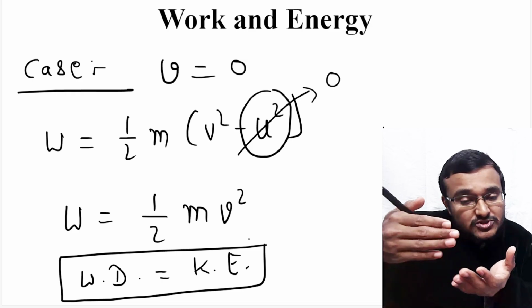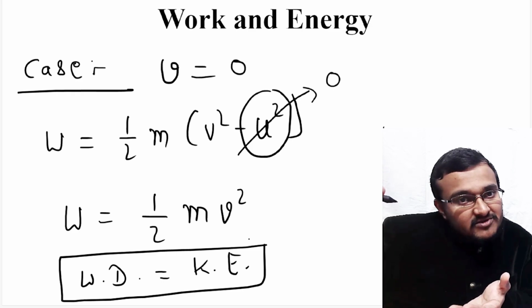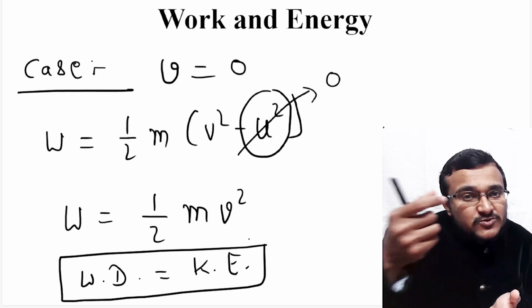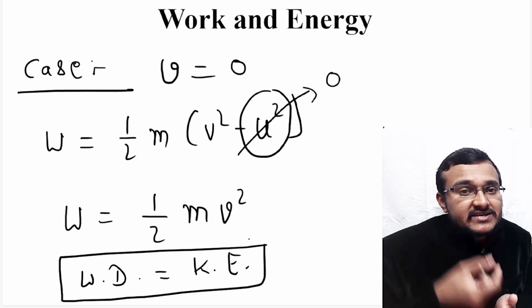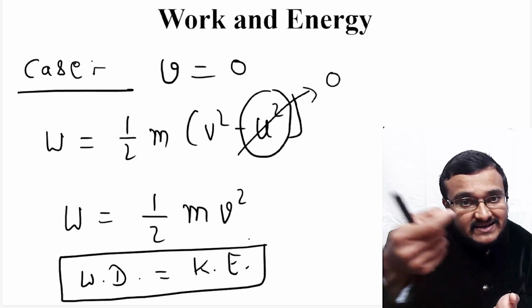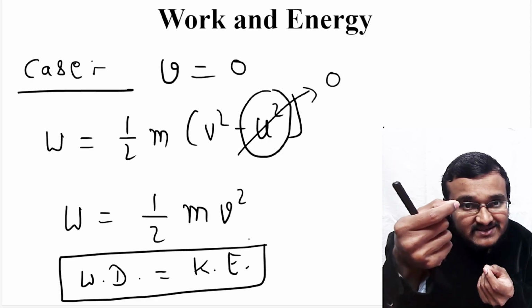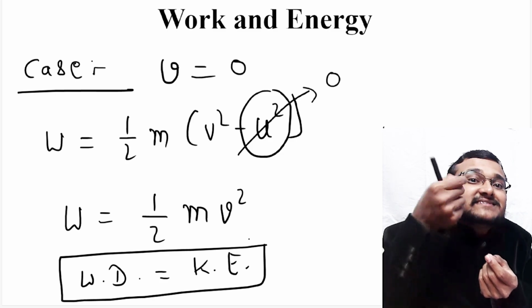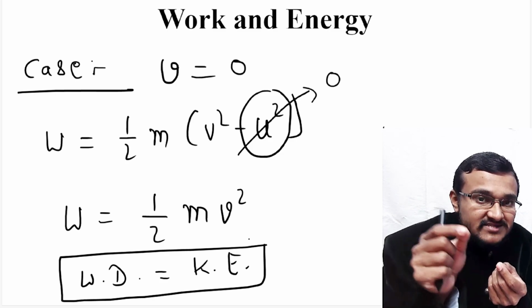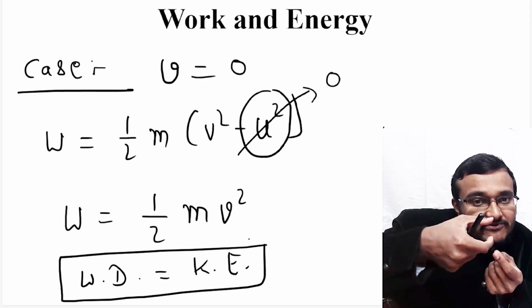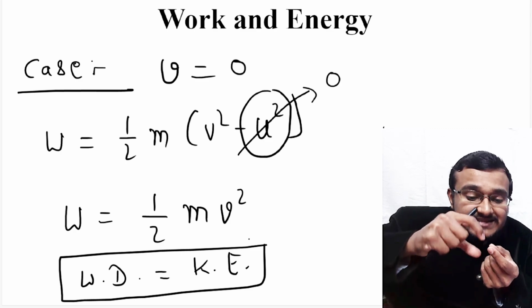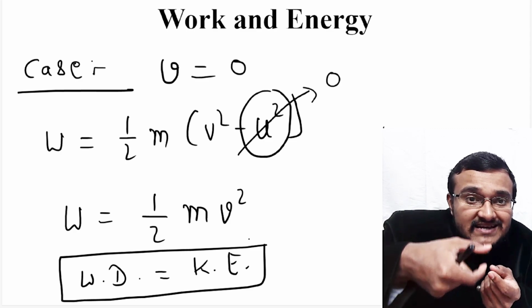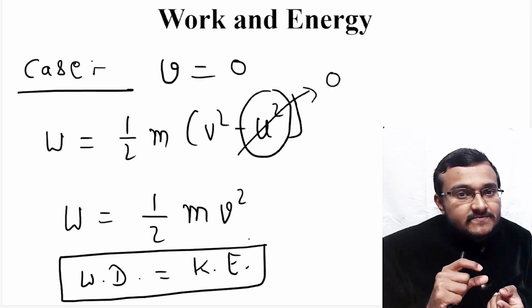So half mv square minus half mu square gives you the difference in kinetic energy. That means that much amount of kinetic energy has increased, and that much increase is because of the work done.